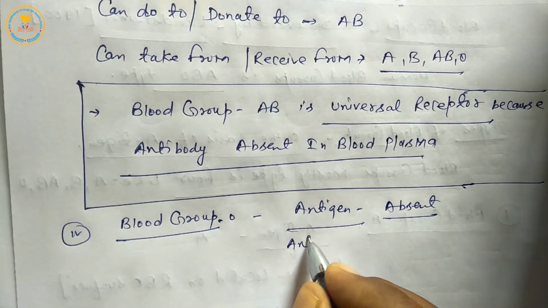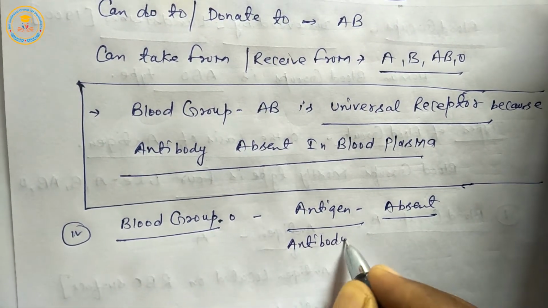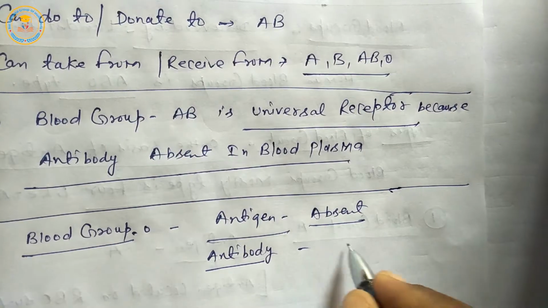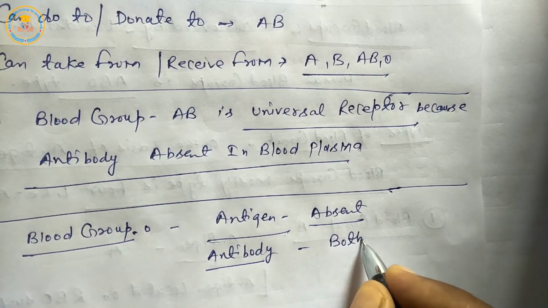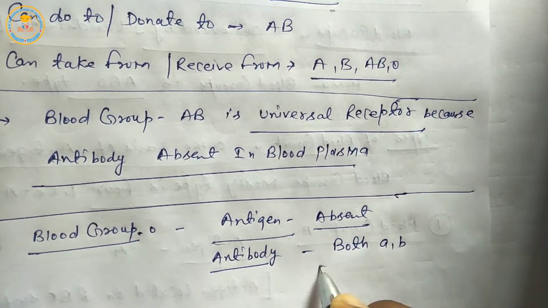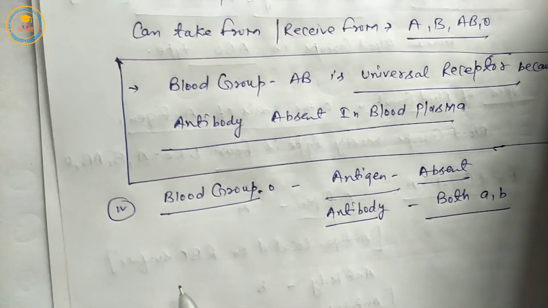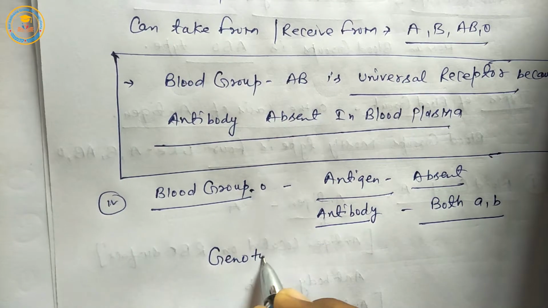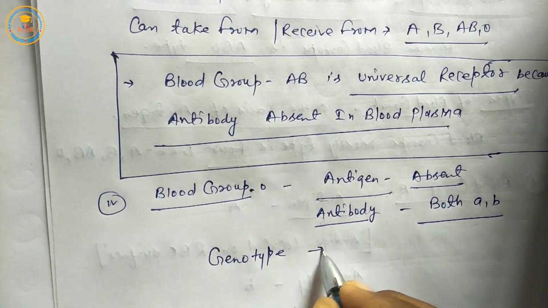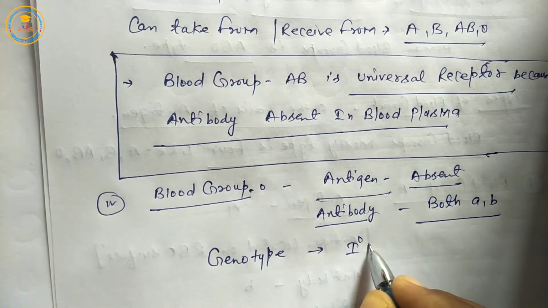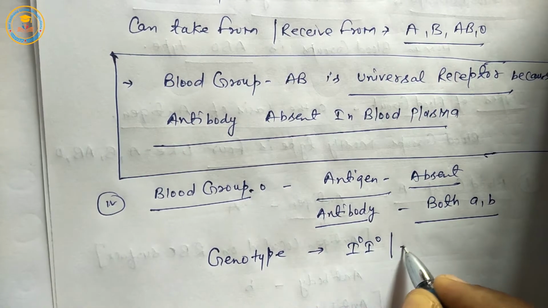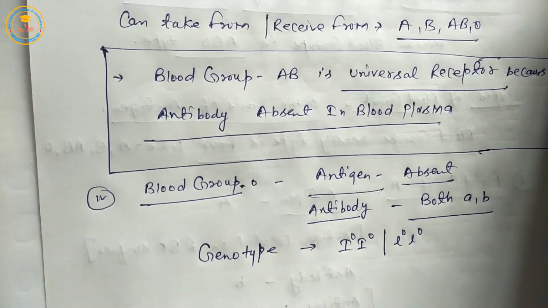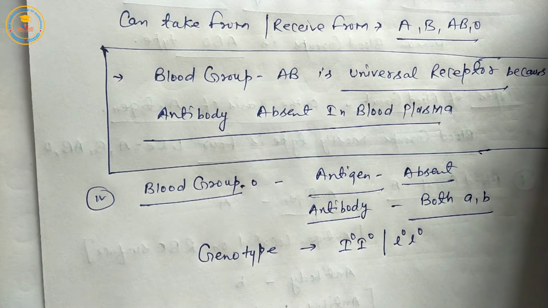Next, antibody in blood group O is both A and B. Next is genotype I0 I0, a single genotype.